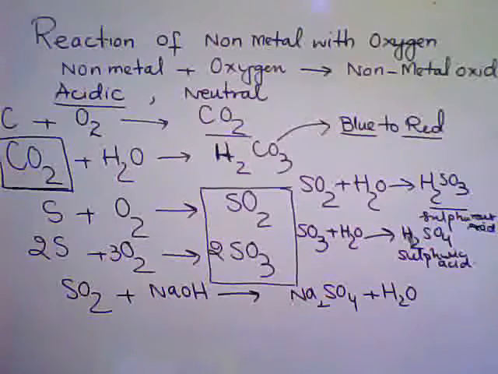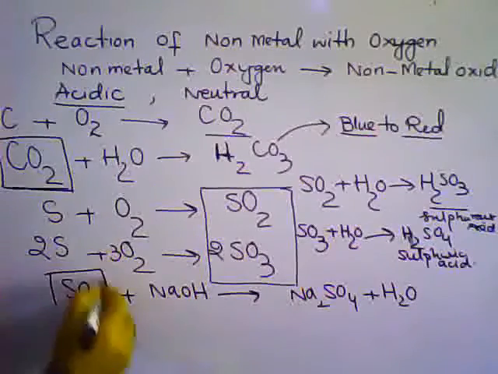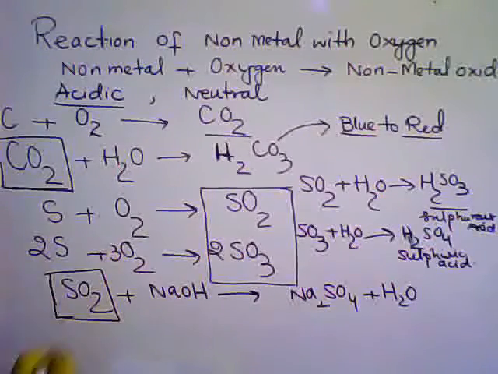Similarly, here you can see that this oxide, sulfur dioxide, is reacting with a base. It's forming a salt and water in addition. So this clearly indicates that sulfur dioxide has an acidic nature.